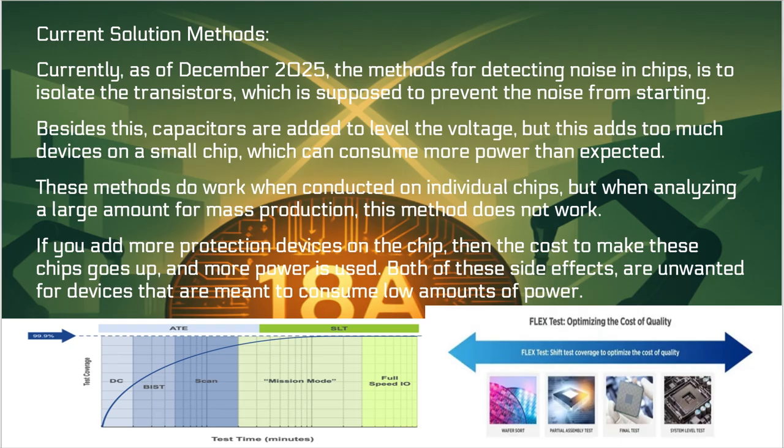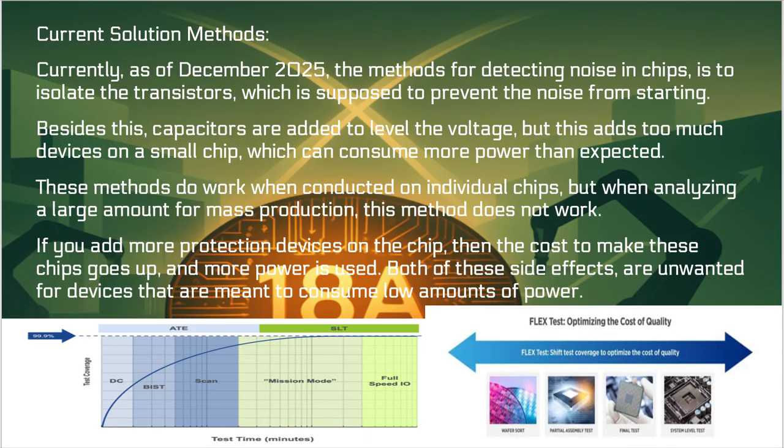Sometimes you also have capacitors to level or stabilize the voltage. But on very small chips, this is a problem because it consumes too much power, more power than would be expected, and it doesn't always solve the issue right off the bat. These methods do work when conducted on individual chips.